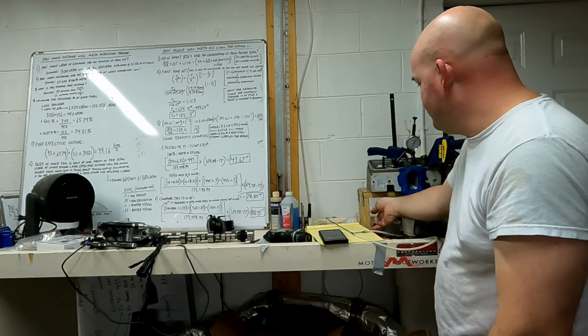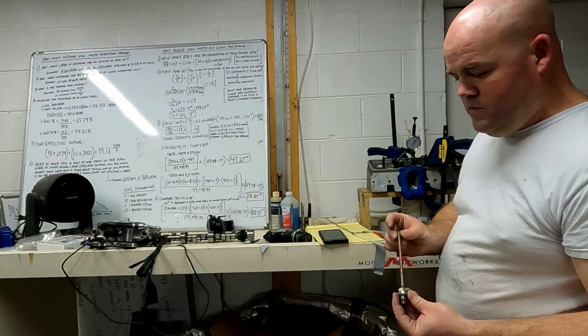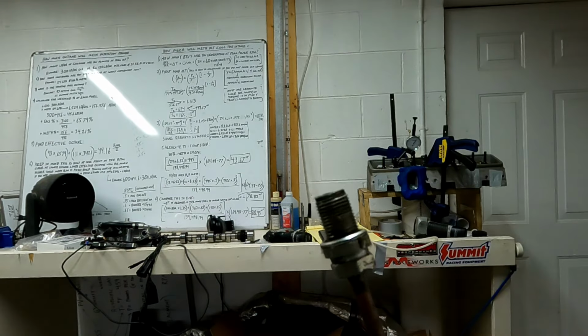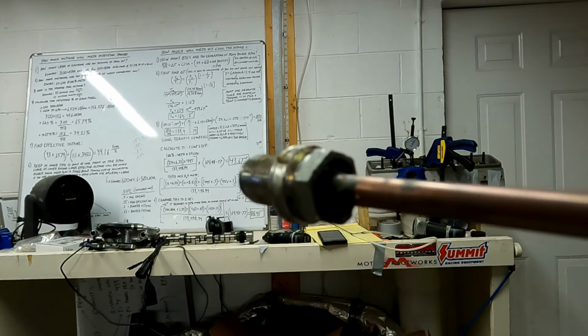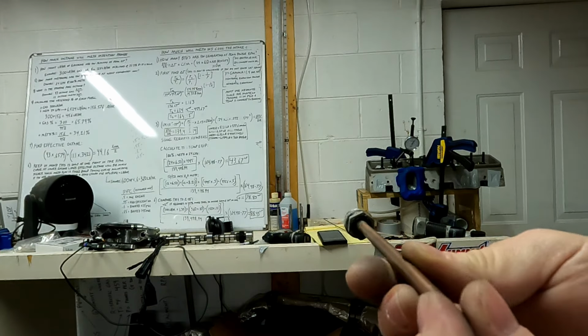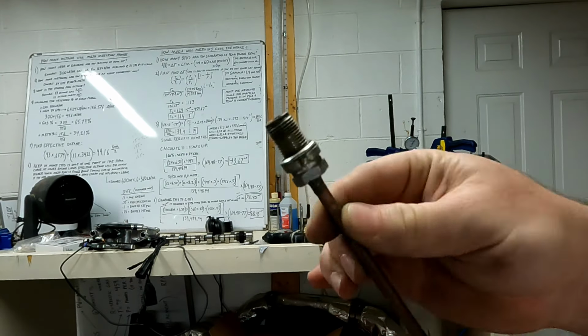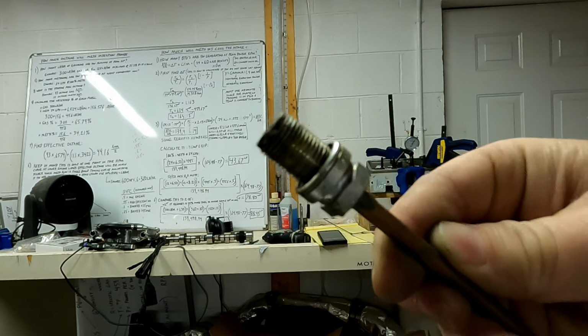Another thing you can do is this. It's basically a spark plug that I've drilled the center out of. I put a copper pipe in there, and you can see it goes all the way flush.